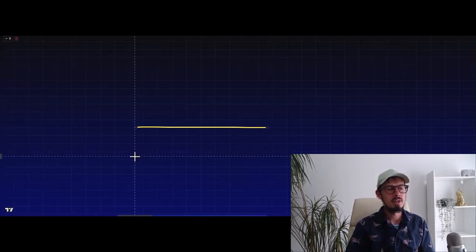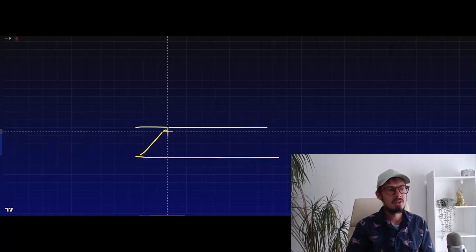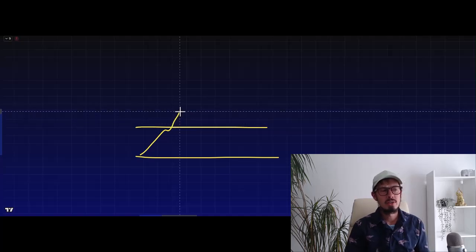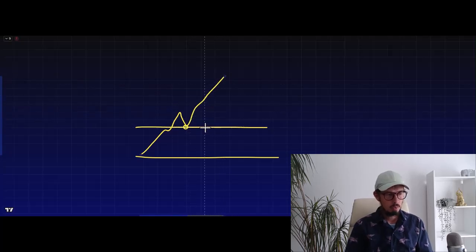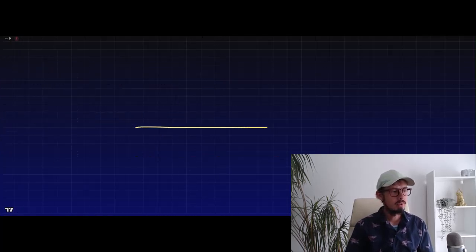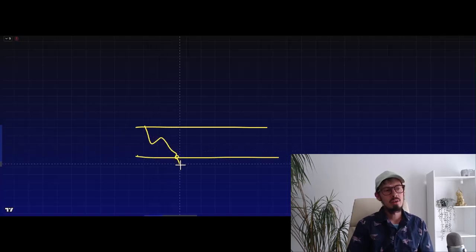This, for example, is the resistance and support. Whenever the price breaks out of the resistance, we are looking for this retest. That's where we enter the buy. And vice versa: if the price goes down and breaks the support, we are looking for the price to go back up and retest that support as resistance.